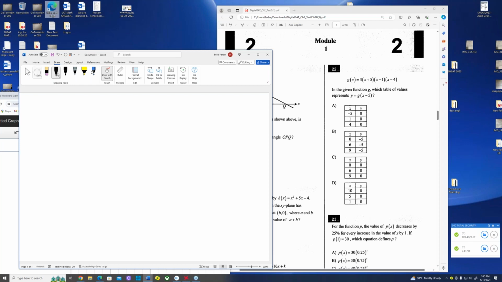It's better to do both ways, because in the future, knowing only Desmos is not good; you have to understand this conceptually. So you have g of x, which is 3 times x plus 5 times x minus 1 times x minus 4.